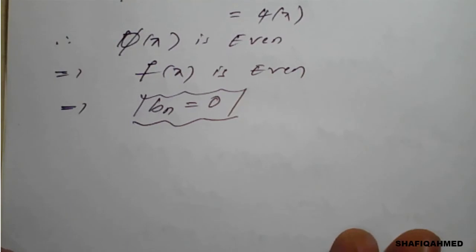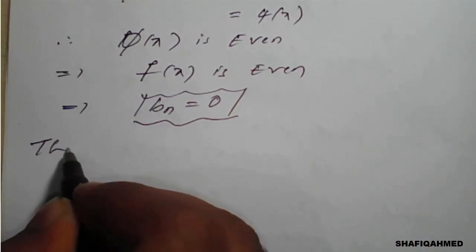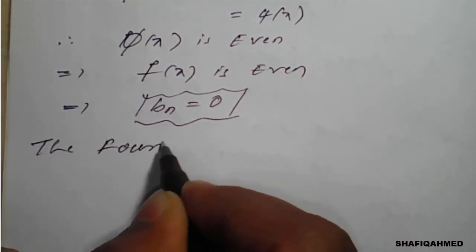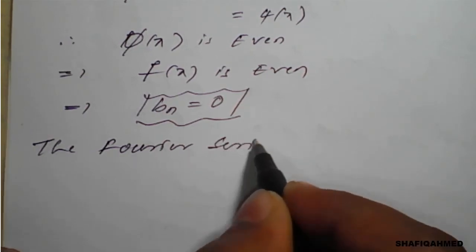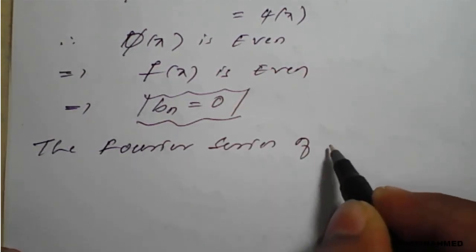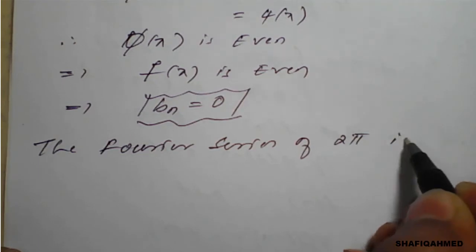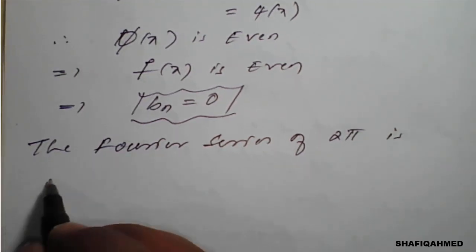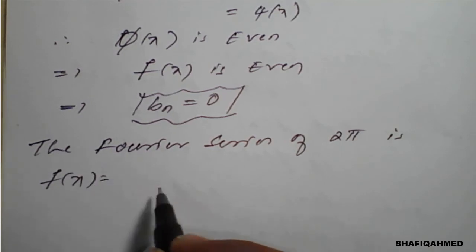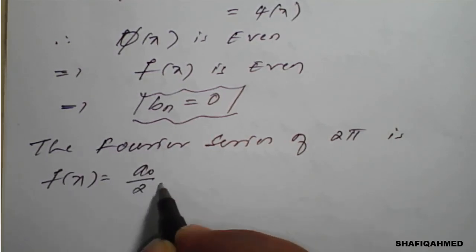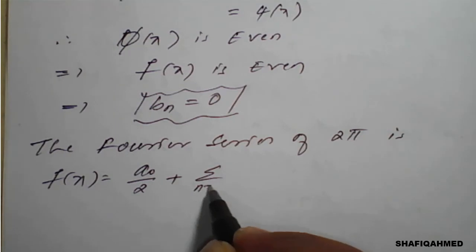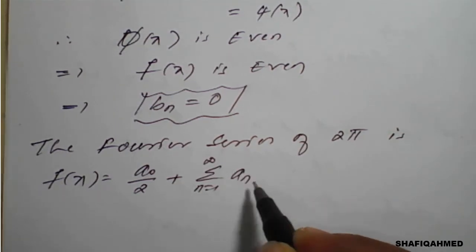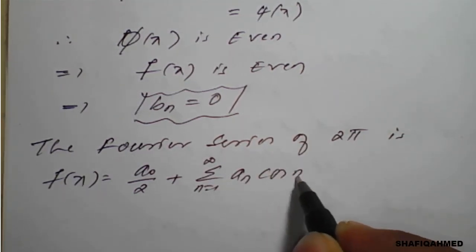If Bn becomes 0, then the Fourier series of period 2 pi, if it is even, is as we know f of x equals a naught upon 2 plus summation n from 1 to infinity an cos of nx.